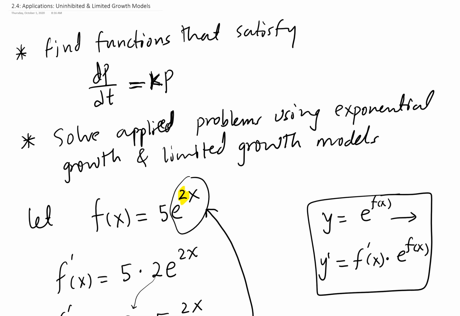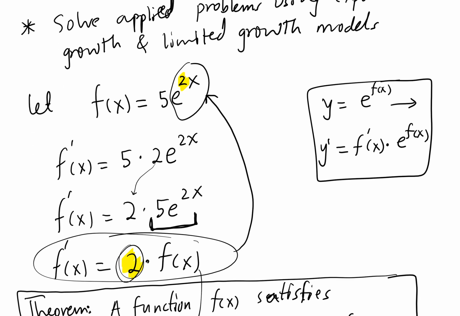What we did so far in this section is we learned how to find functions that satisfy this kind of differential equation: dP/dt is a constant times P. We recalled the derivative of an exponential function e to f of x: y prime is f prime times e to the f of x.